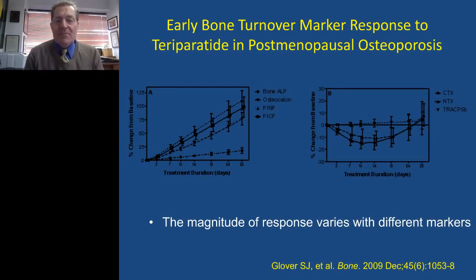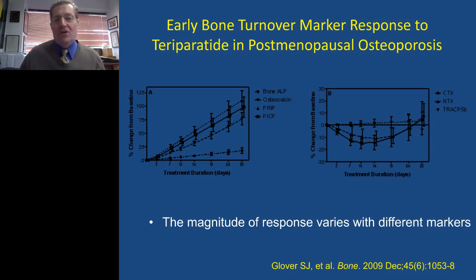This is a nice paper from Sarah Glover, who, working with Richard Estelle's lab in the UK, published in Bone in 2009, looking at different markers: the bone alkaline phosphatase, the osteocalcin, the P1NP, the P1CP, with teriparatide, and then, of course, on the right-hand side, the bone resorption markers.